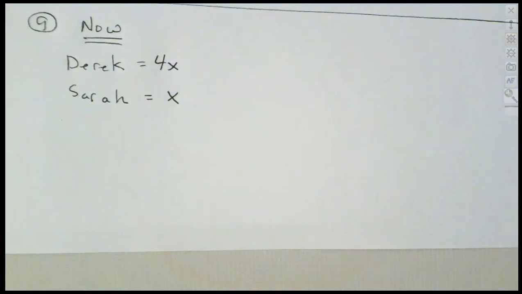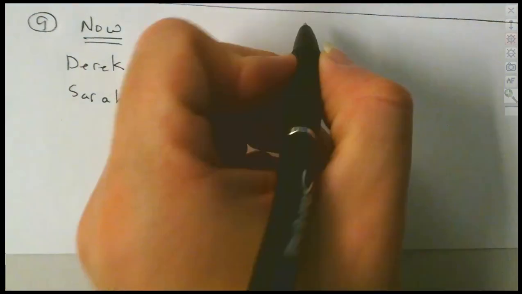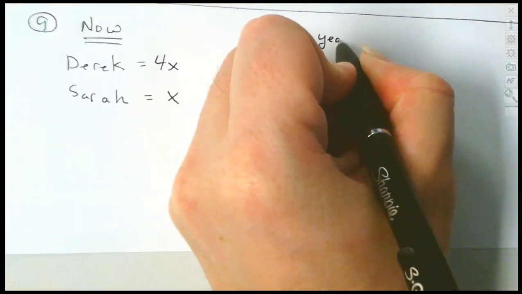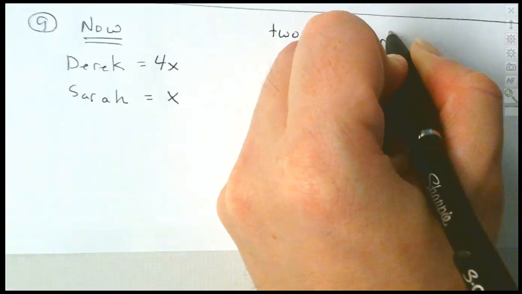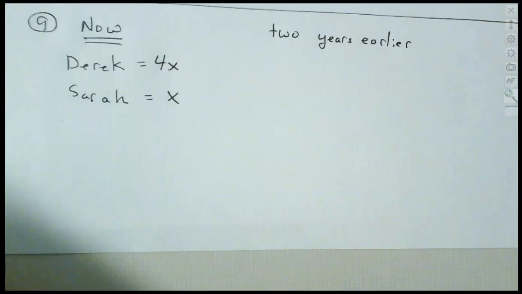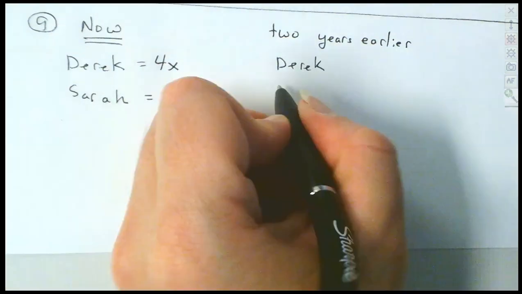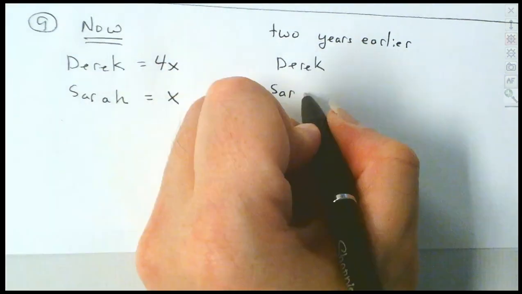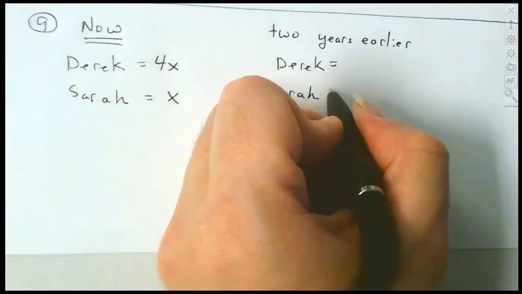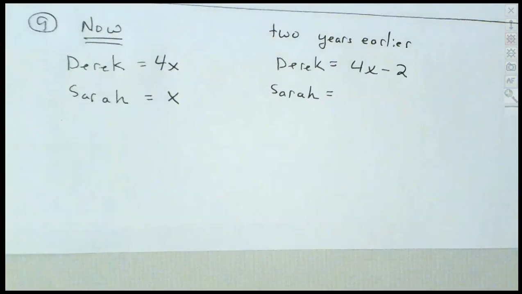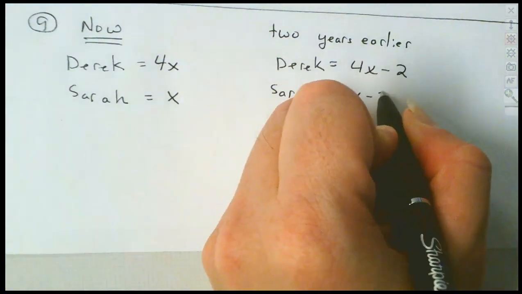Now we're looking at 2 years ago. So 2 years earlier. What would these be 2 years earlier? Well, 2 years ago, they're both 2 years younger. So Derek would be 4x minus 2, because he's 2 years younger, and Sarah would be X minus 2, right?